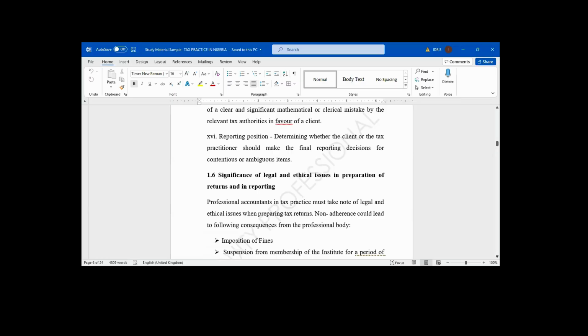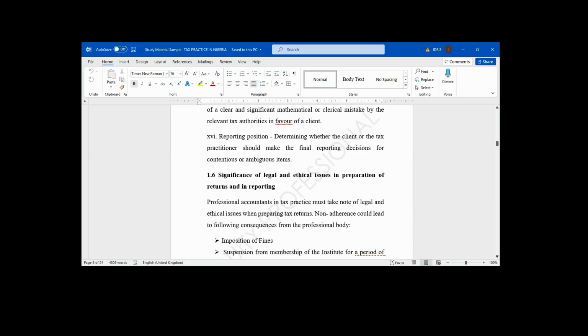All these sanctions are going to be imposed by your professional body. If you belong to ICAN, ICAN will sanction you with some fine penalties. If you belong to CITN, CITN will sanction you too.